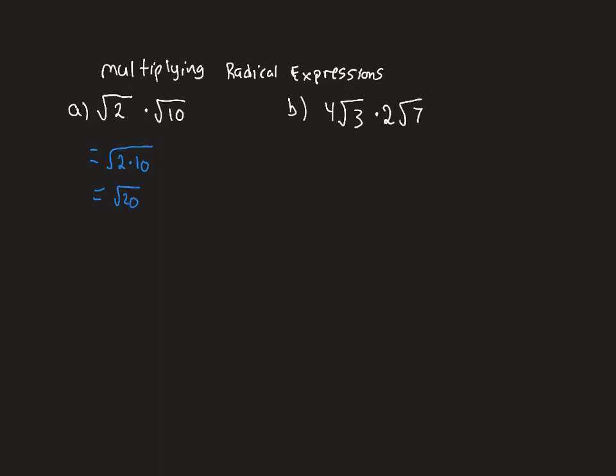Now, remember, all these questions always want you to simplify. So at this point, I know that square root of 20, using our same steps as before, is the same thing as saying 4 times 5. Which, if we use our steps, should give me a final answer of 2 root 5.